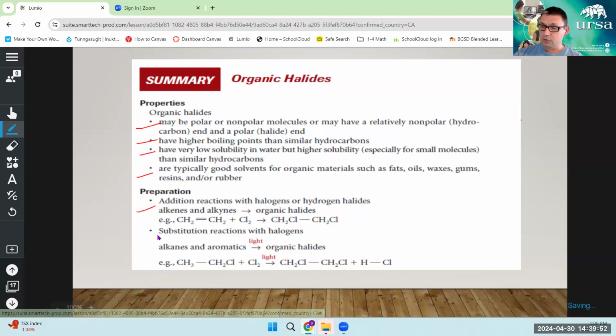They can be made through addition reactions by adding the constituent to the alkenes or alkynes. Or maybe you have a substitution reaction where something is already saturated, such as an aromatic or an alkane, and a hydrogen must come off.